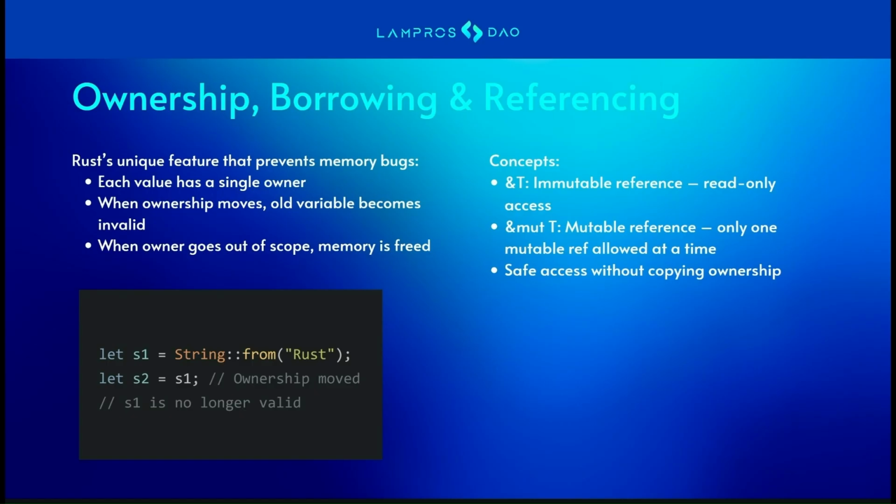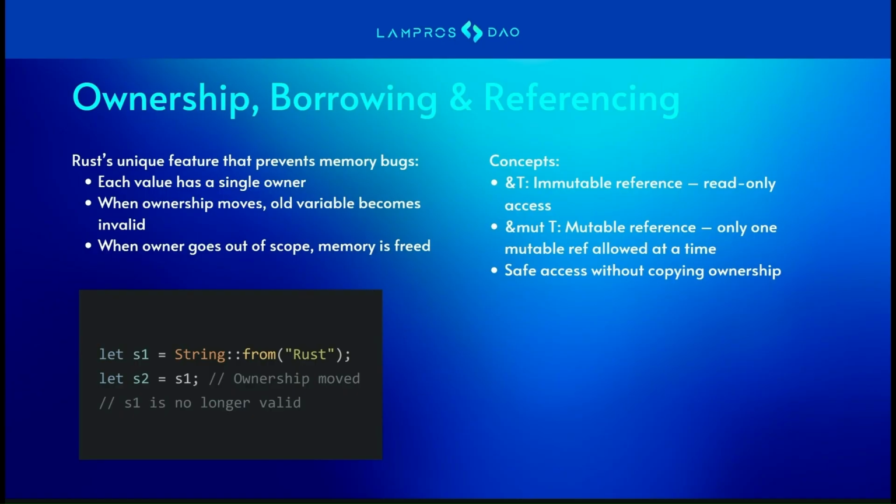Coming to ownership first, as we have discussed, Rust manages memory differently. Each value has a single owner. Rust works on a single owner principle: when ownership moves, the old variable becomes invalid. And when the owner of the variable goes out of scope, memory is freed.